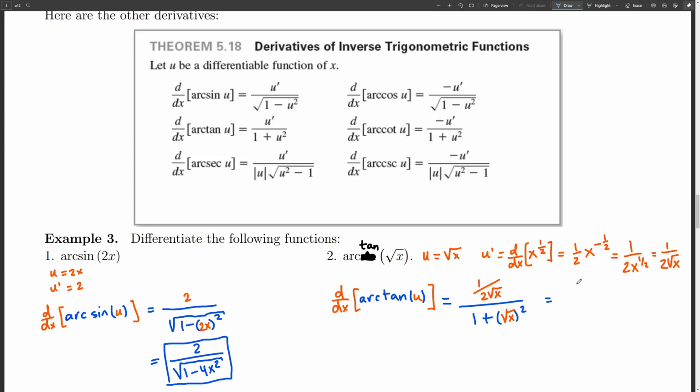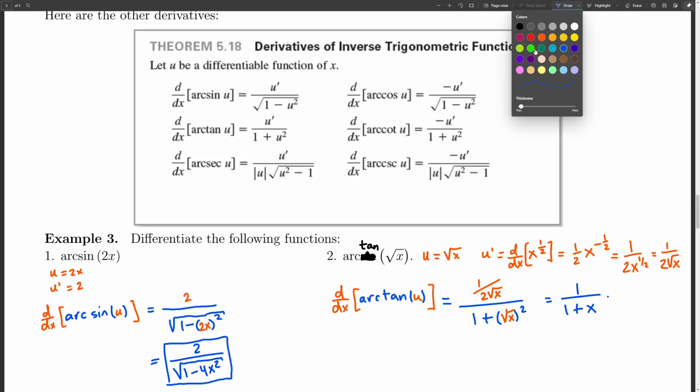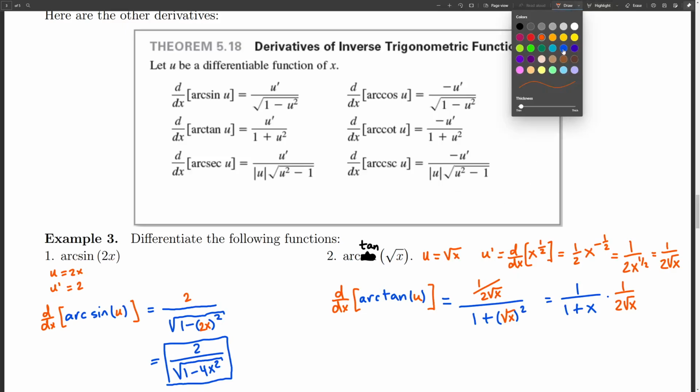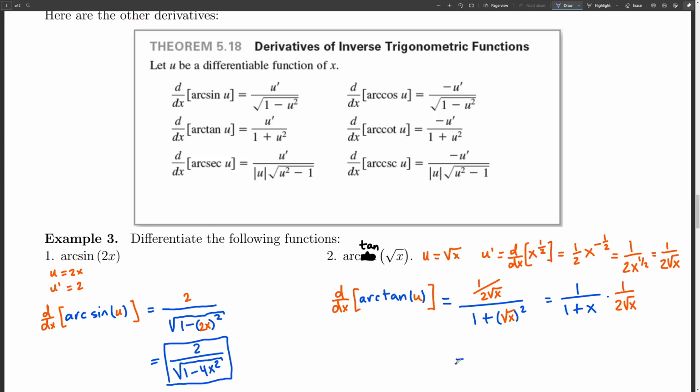So this is 1 over 1 plus x, times 1 over 2 times square root of x. And then we can combine all of that into one single answer, right? 1 over 2 square root of x times 1 plus x. And that's our final answer.